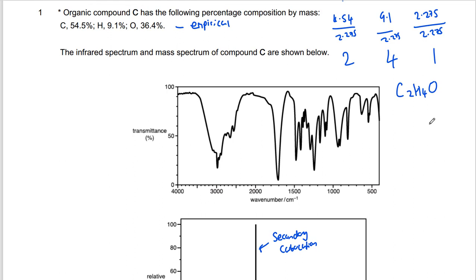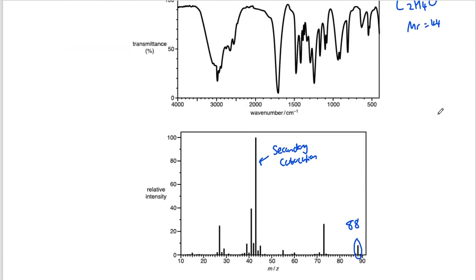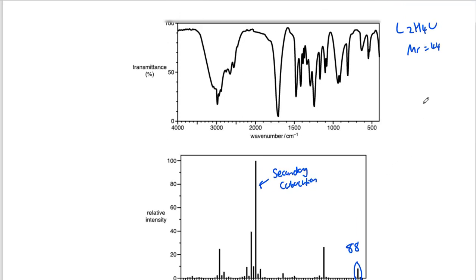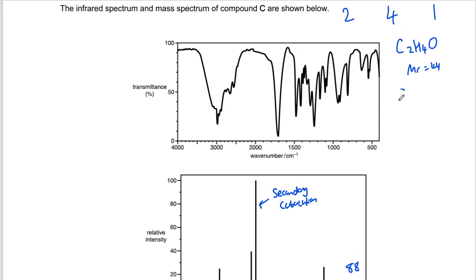Now, I'm not a betting man, but I'm guessing that doesn't equal 88. What it does equal is 44. So the Mr of this is 44, and my actual compound has a molar mass of 88. So that means my molecular formula is going to be C4H8O2.